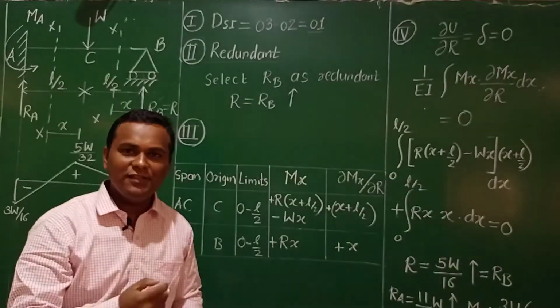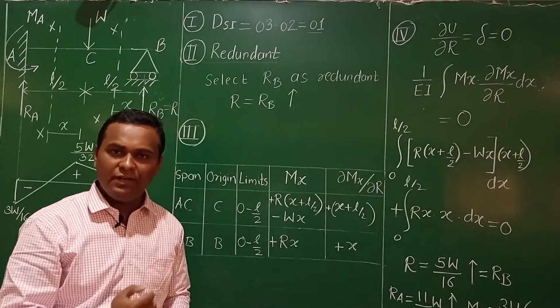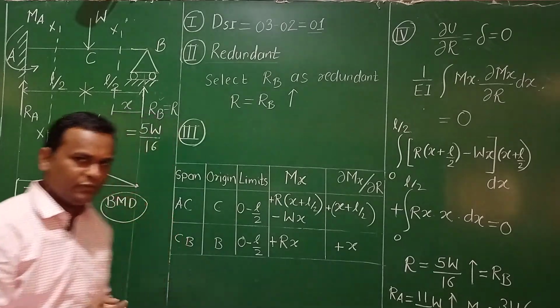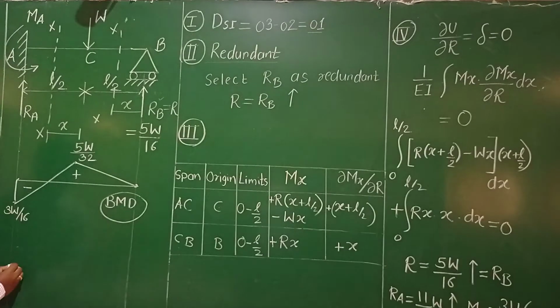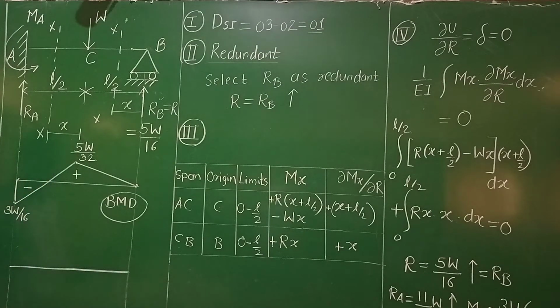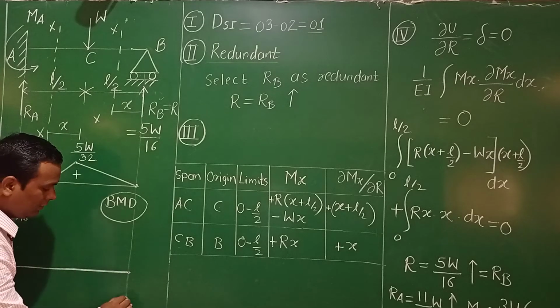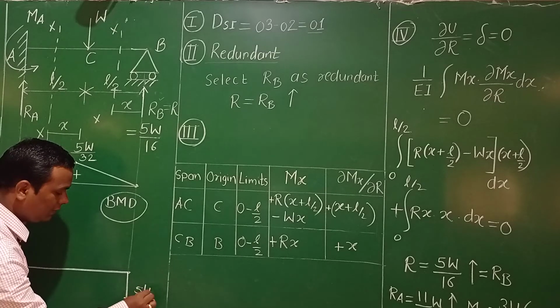Now after getting the bending moment diagram for a propped cantilever beam for a given type of loading, we can easily draw the shear force diagram. So let us directly draw the shear force diagram. Here we have shear force at B, initially it will be minus 5W divided by 16.